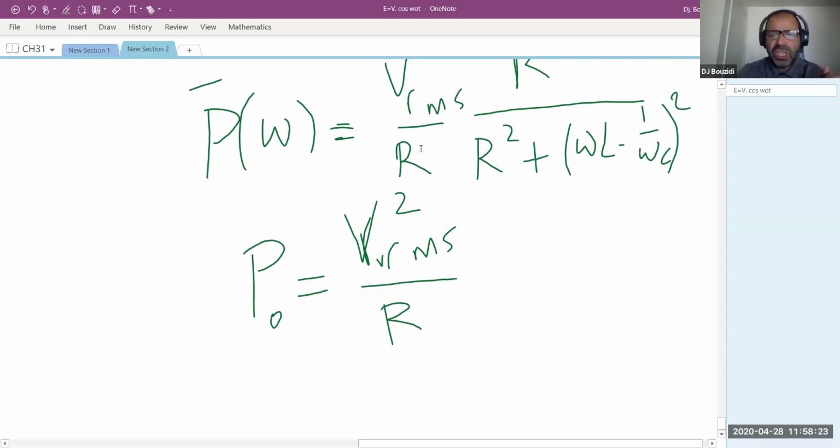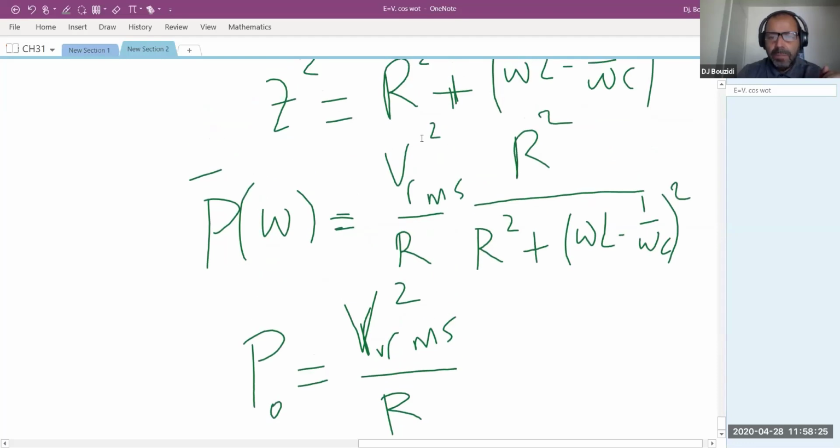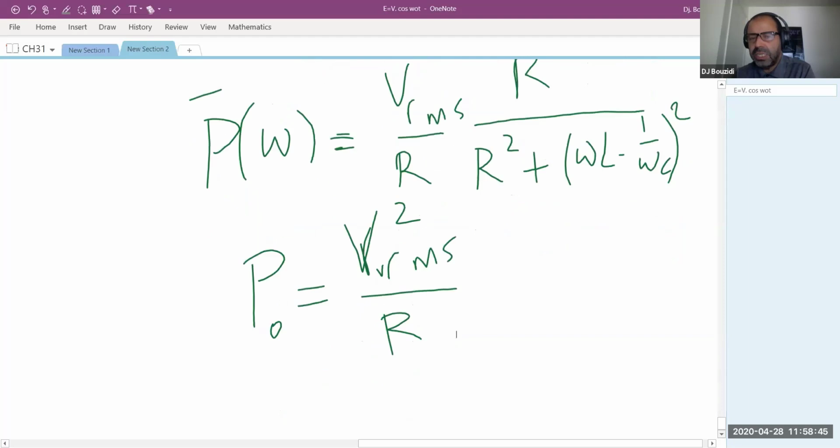So it's this coefficient in here. And this expression here doesn't depend on anything, because, I mean, it depends on omega and L and R and C, but it has no units, because the numerator is in ohms squared, and the denominator is in ohms squared, and they cancel. So at the end of the day, this is a number like 12 or 13, whatever it is. It's just a dimensionless number.